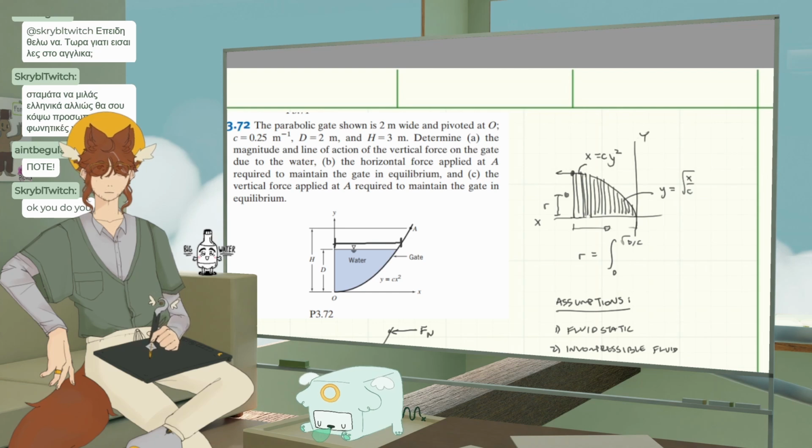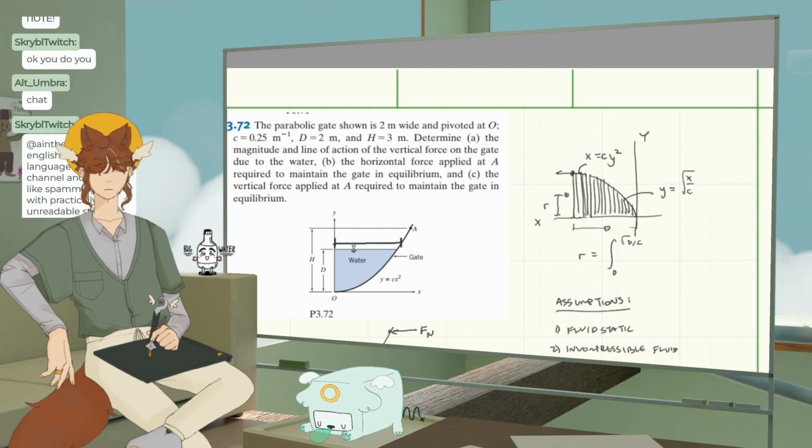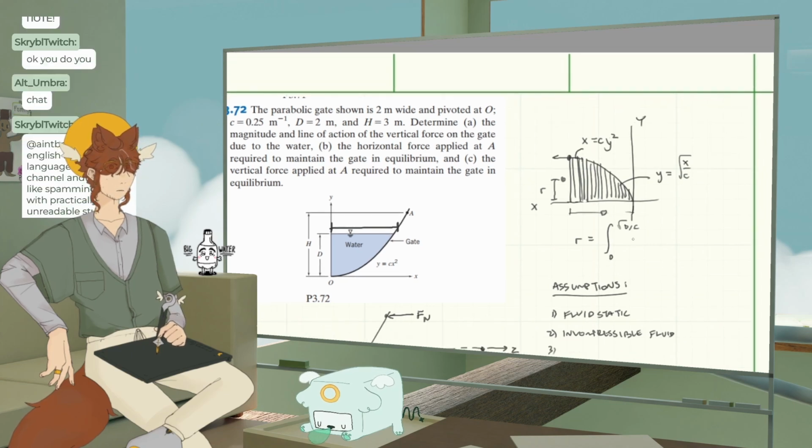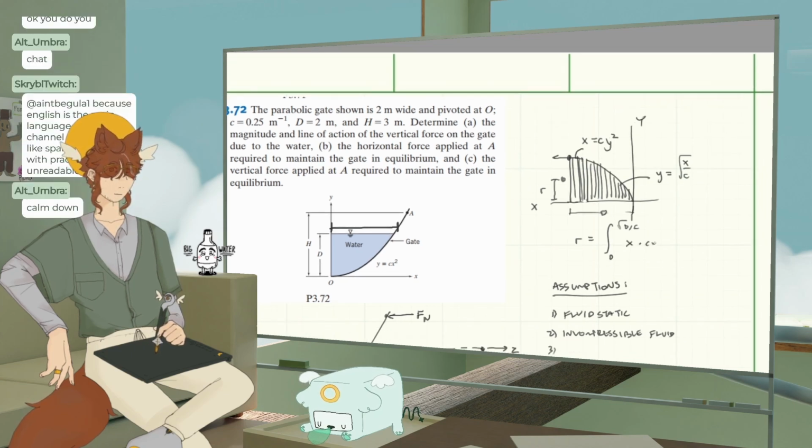Slowly we're getting there. X min X max dA times X. Okay, so we need the equation that is X. Wait, so CY squared, dA over A.